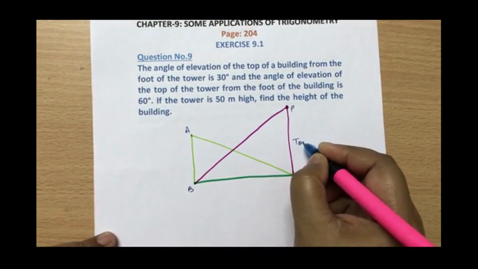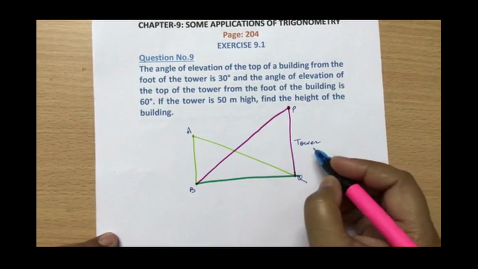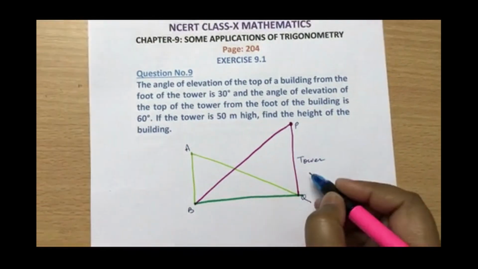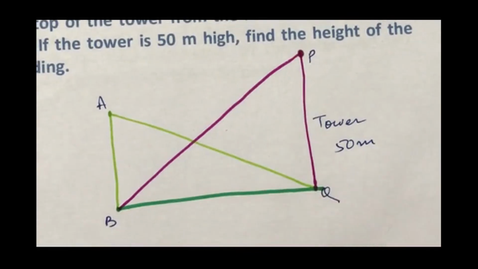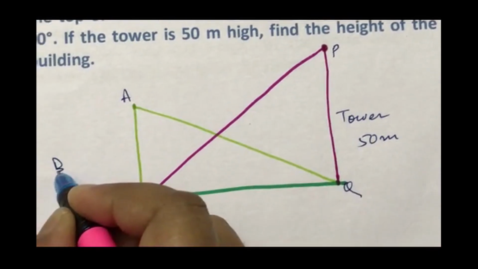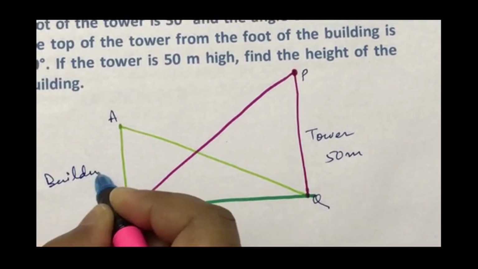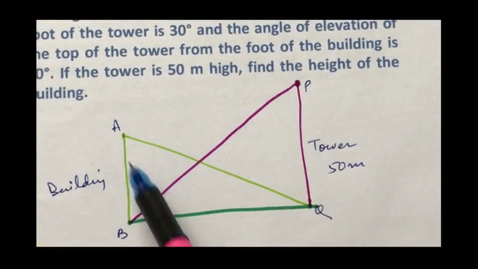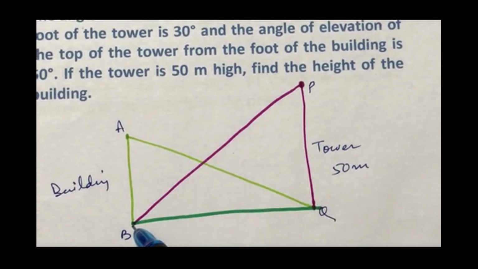This is the tower. And what is the height given? If the tower is 50 meters high, this is 50 meters. This is the building, and it is said that you have to find the height of the building. Nothing is given about it.